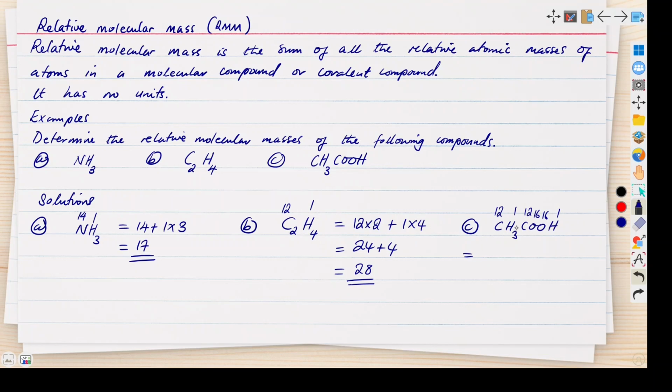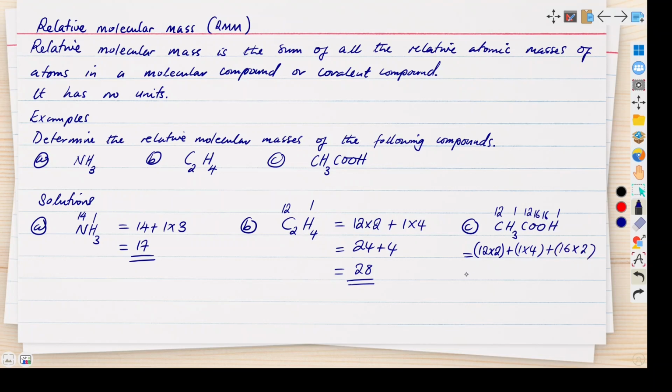We have carbon here and carbon here, so we write 12 times 2. Then plus hydrogen, we have 3 here and 1 there, so there are 4, so 1 times 4. Then plus oxygen, because there are 2 here, 16 times 2.